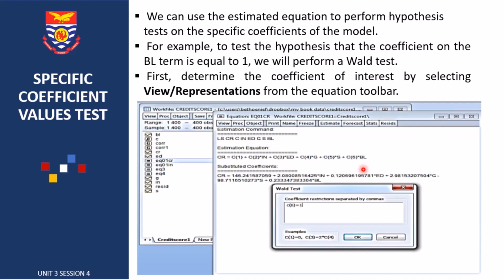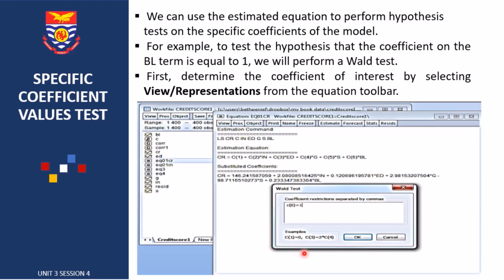So by doing so, we have to test the restriction on C6, which is the bank balance. We select the view toolbar, then select the coefficient test, and then finally we select the Wald test, which is the test that is going to help us in estimating the restriction, and enter the restriction, which is C6, because this is what records the bank balance in a snapshot.